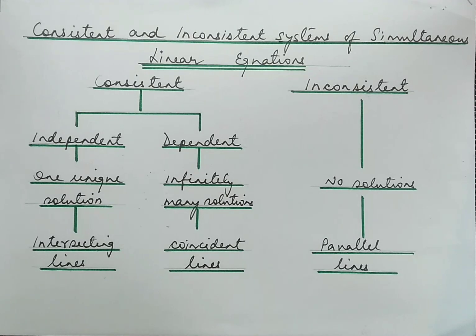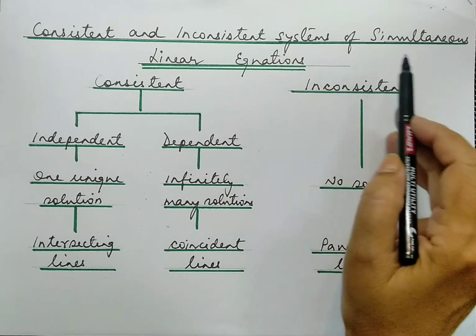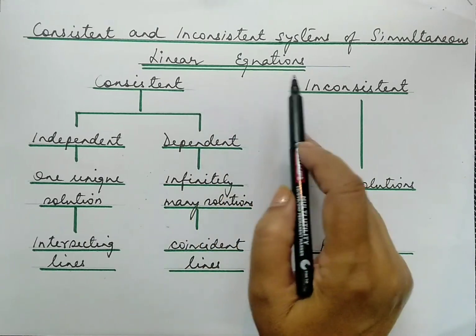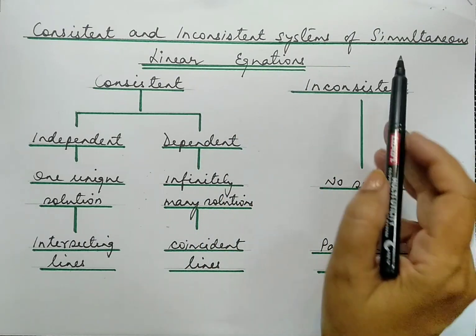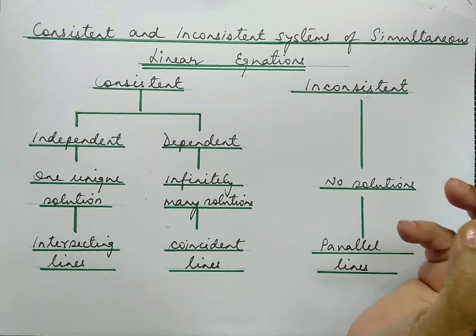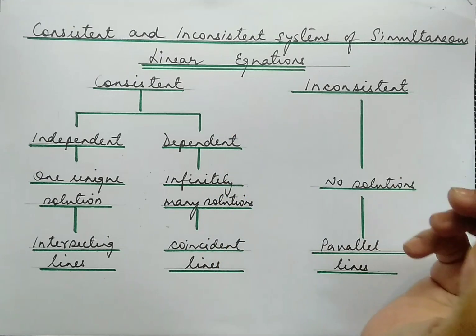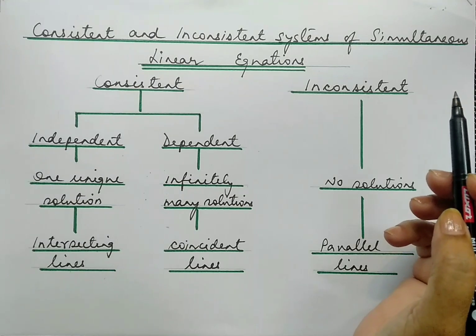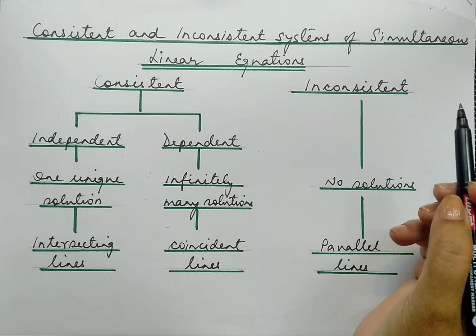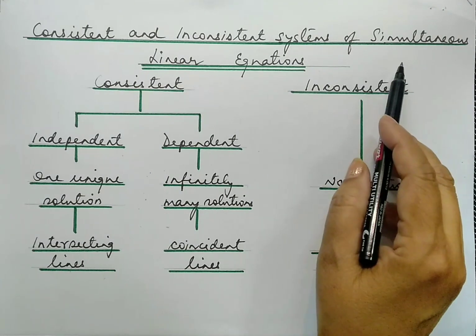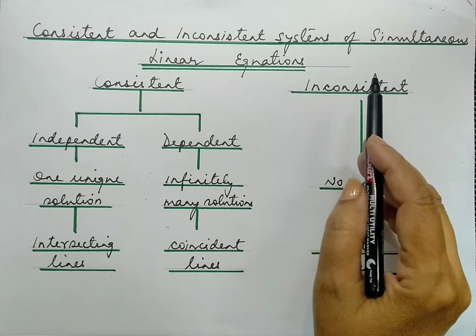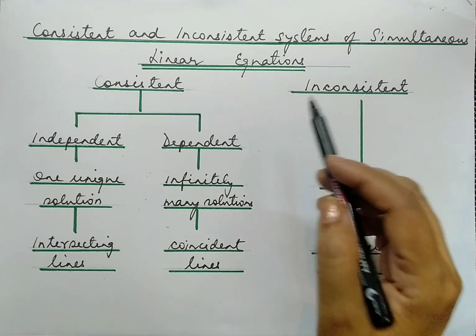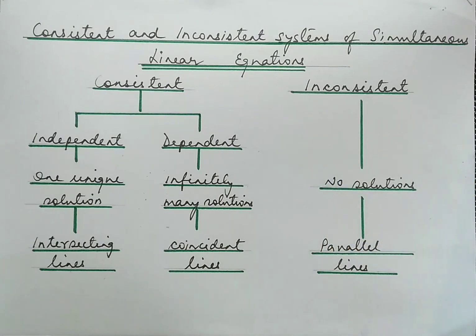Hi guys, so today our topic is systems of simultaneous linear equations. Now in your lower classes you have done simultaneous linear equations, but in this higher class you will be doing a lot more. You will be taking simultaneous linear equations as a group and trying to anticipate what they will give us.